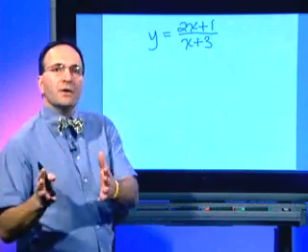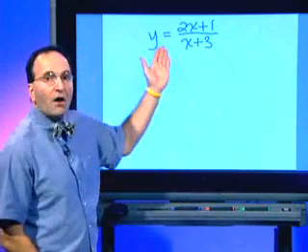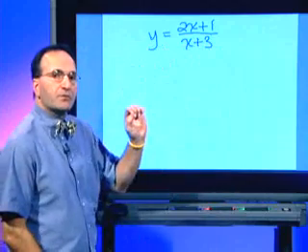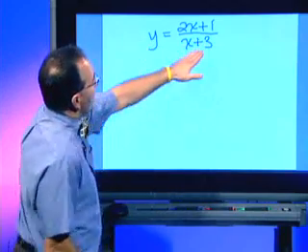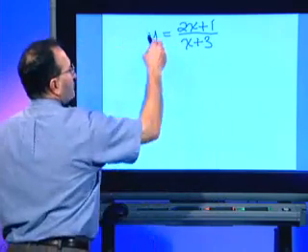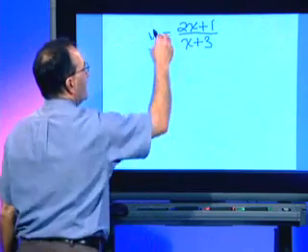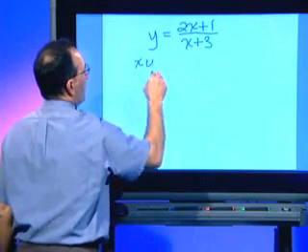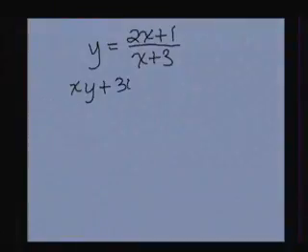What I need to do here is solve that for x in terms of y. So we multiply by x plus 3 on both sides. It cancels out here, and over here we get xy plus 3y equals 2x plus 1.